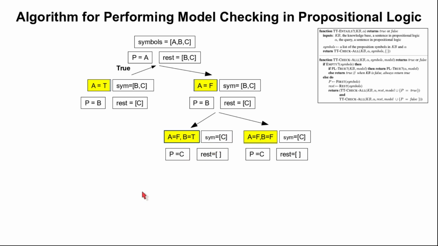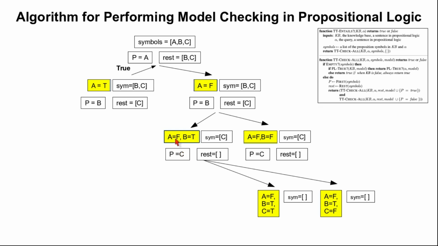Now as we make a recursive call, we will add C to the partial model. So our models will be A false, B true, C true, and A false, B true, C false. And our list of symbols will become empty.